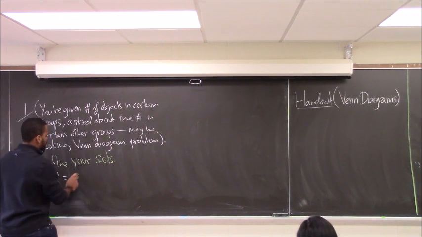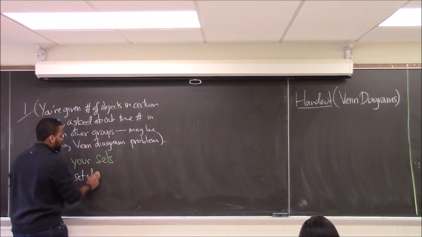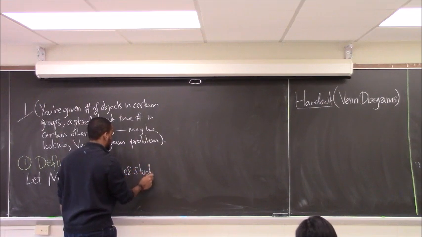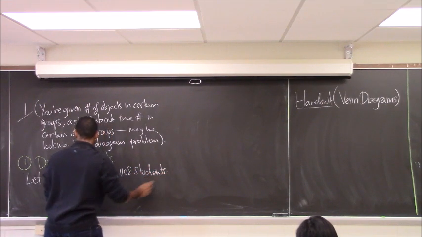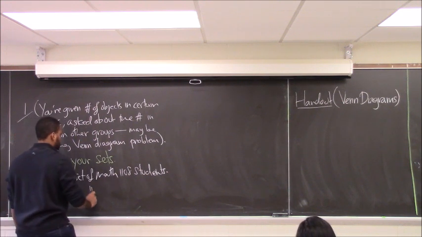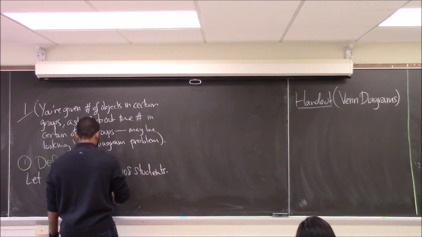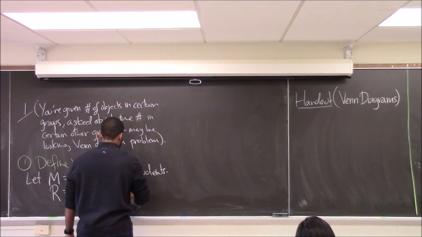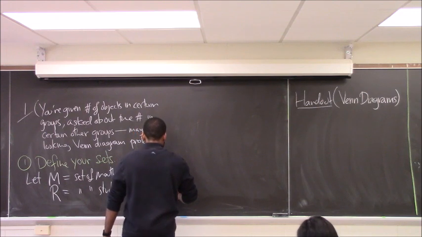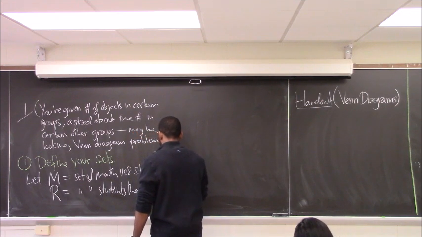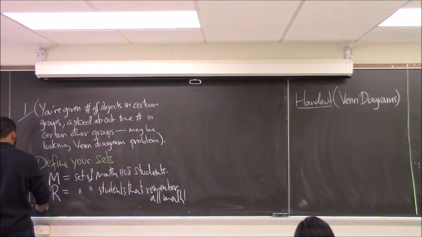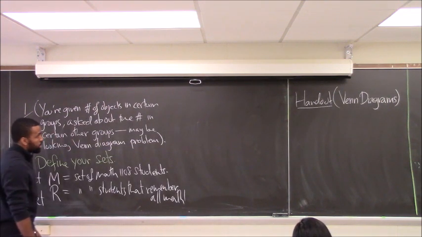So I can say let M be the set of Math 1108 students, and let R be the set of students that remember all their math. So that's the first thing you're going to do. You're going to call it something.